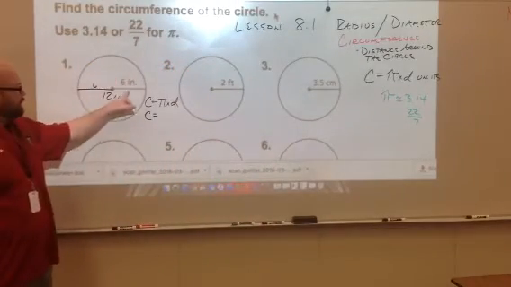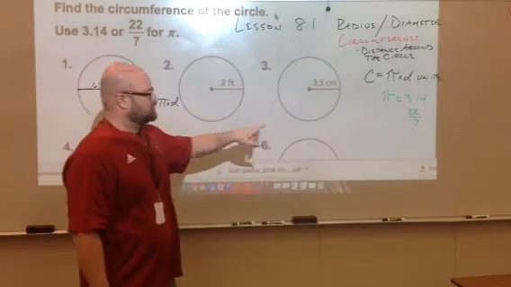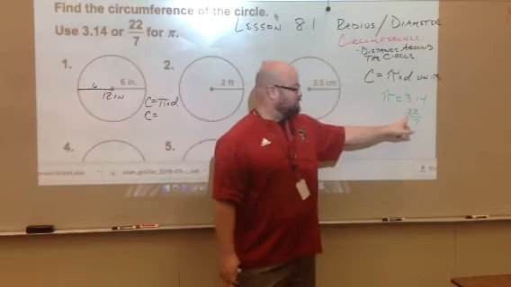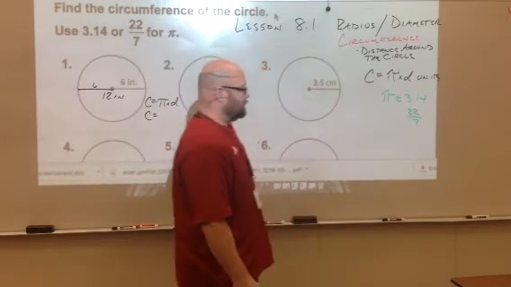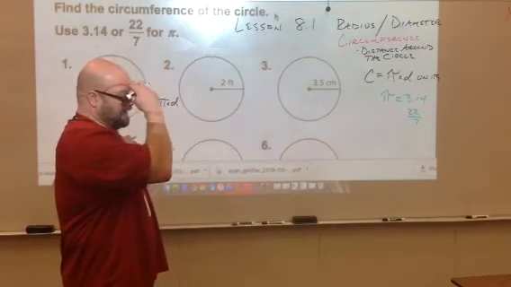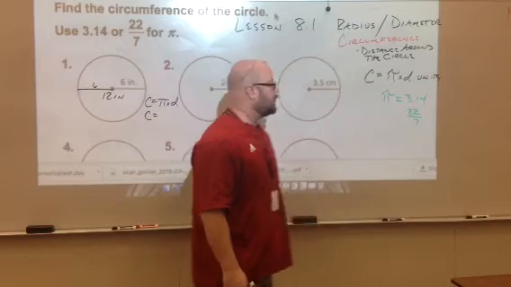If my diameter is a multiple of 7, I'm going to use 22/7, because I'm going to be able to cancel out my numerator and denominator. If I can't cancel, then we're going to use 3.14.